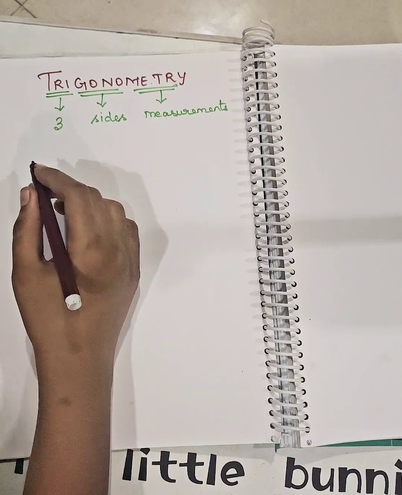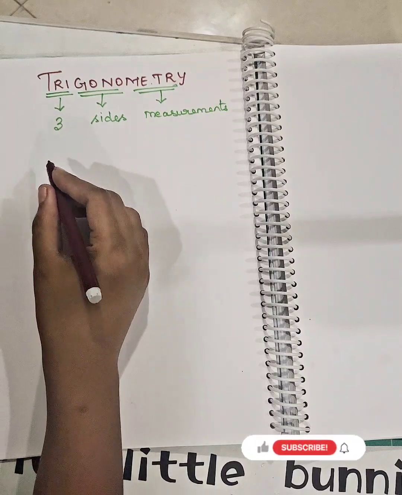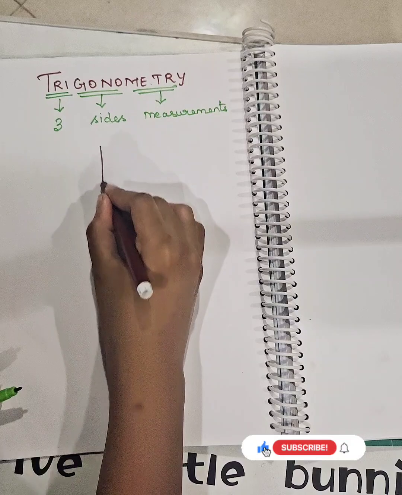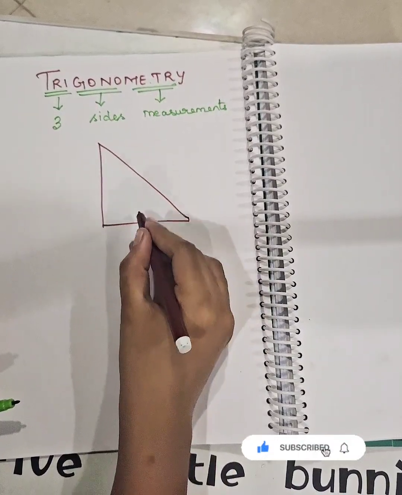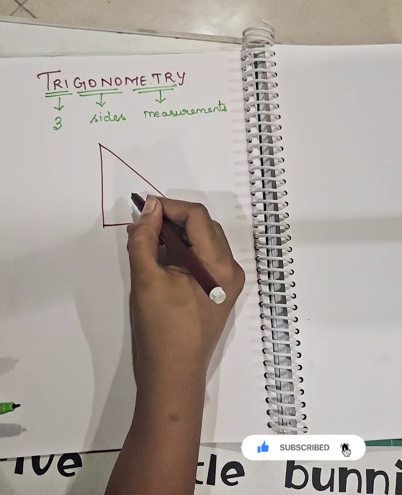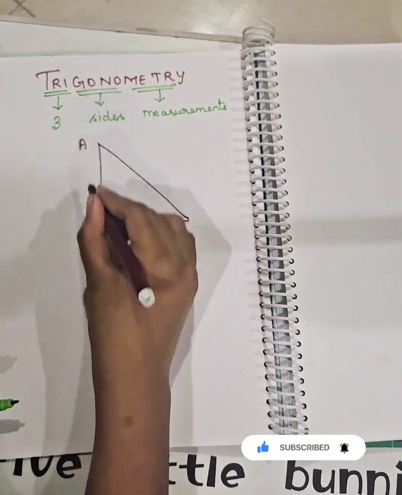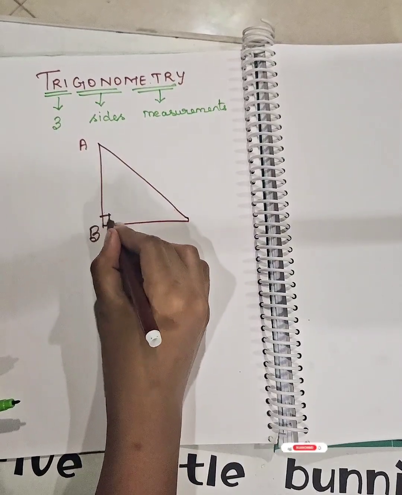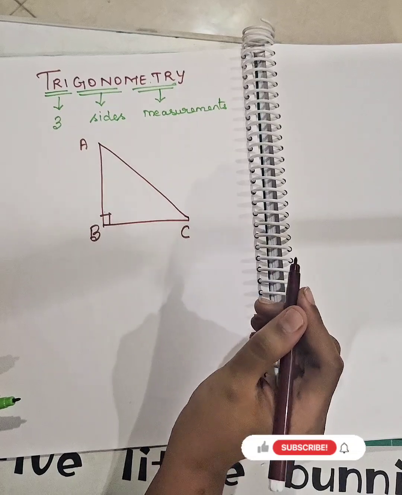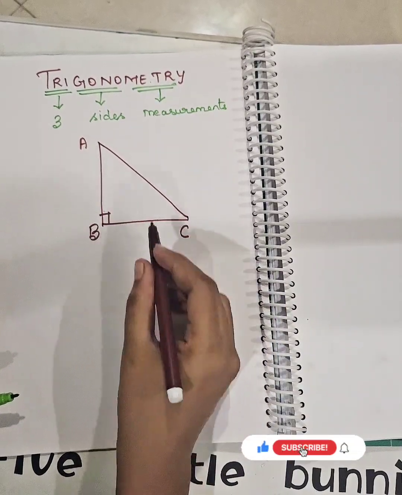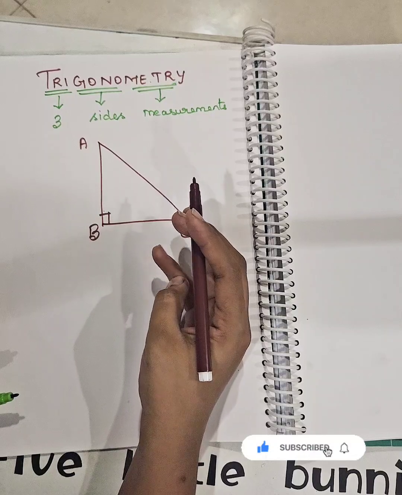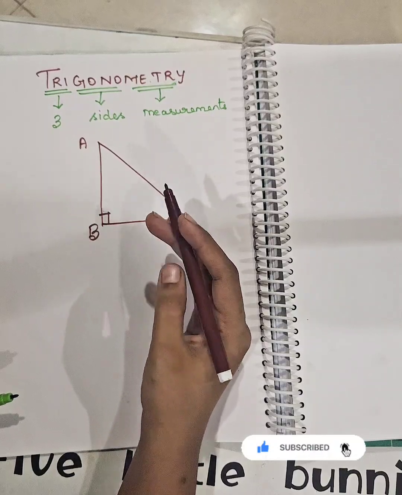So for introduction, first we will start with the right angle triangle. For any right angle triangle, we have 3 sides, right? 1, 2, 3. For example, for this figure, let us take this triangle is right angled at B. For this, we have 3 sides, which are the hypotenuse side, the adjacent side, and the opposite side.